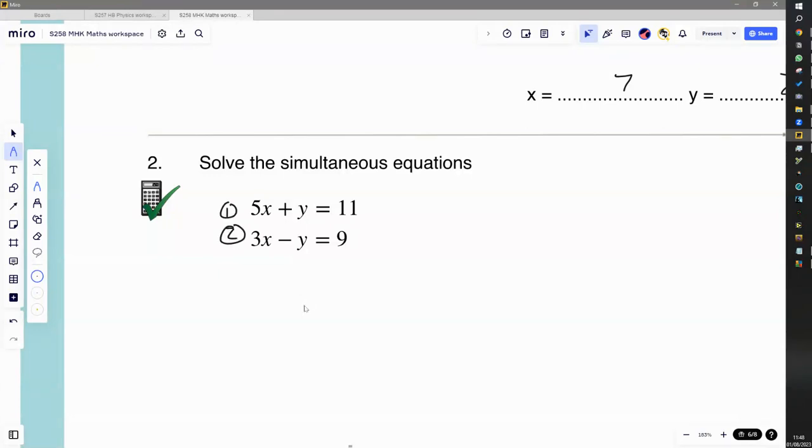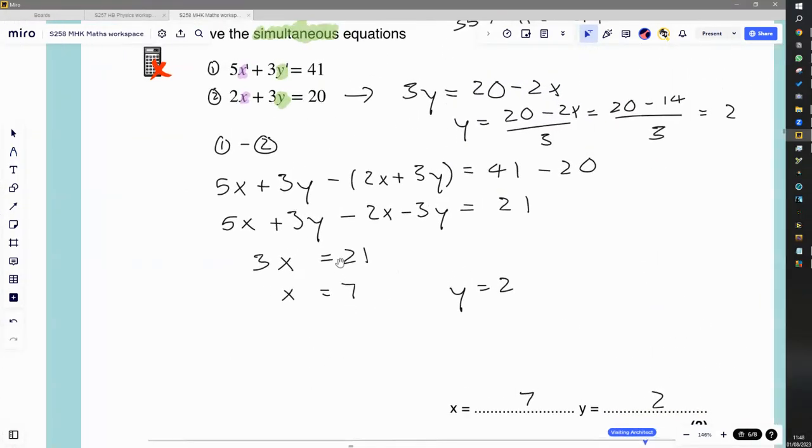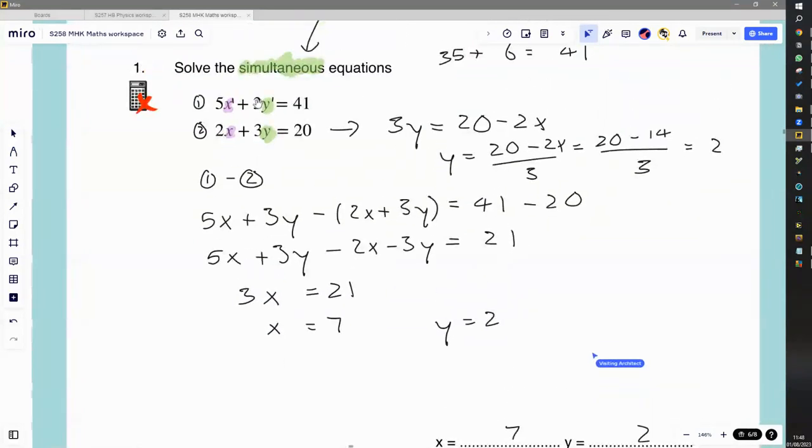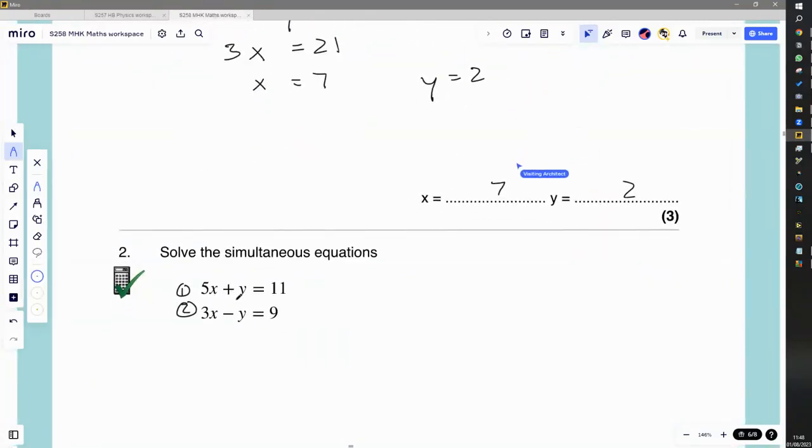What I would do is add them, because if I added them, then the plus y and the minus y cancel out. The first step is always to try to cancel something out, so you end up with an equation with only one variable. Before, we took them away because they're both positive 3y, but here I'm going to add them, because when you add y to negative y, you get nothing, so it cancels out.